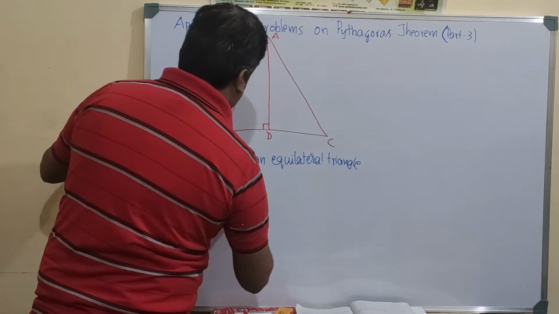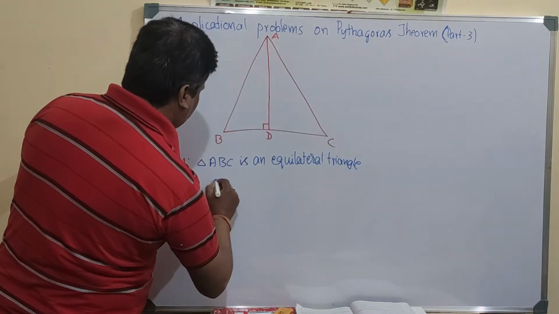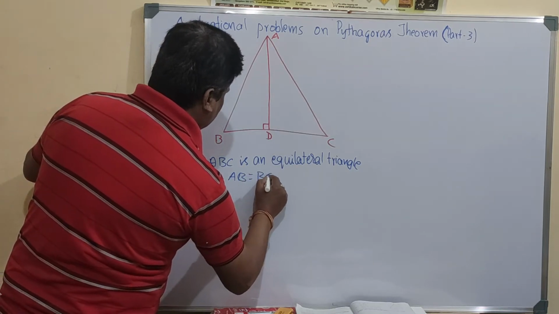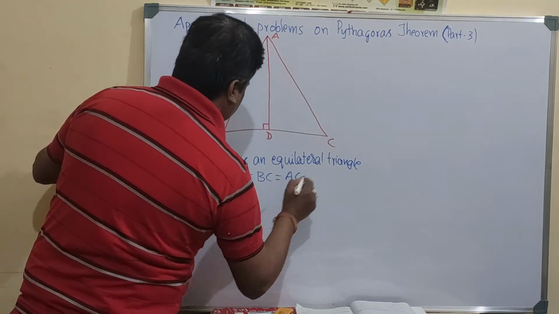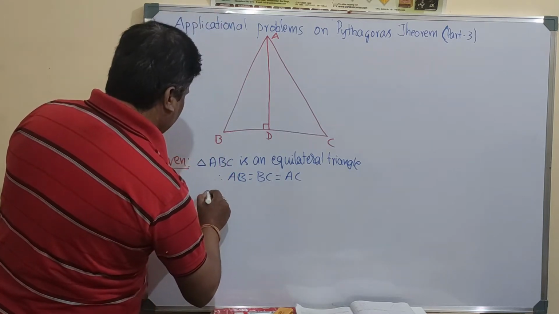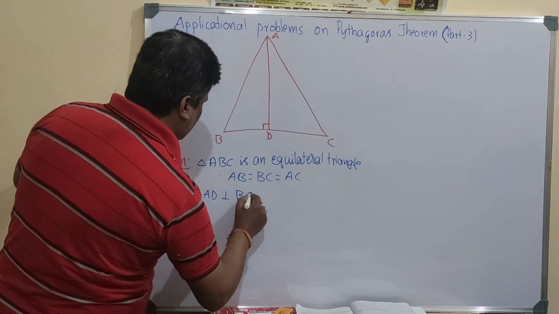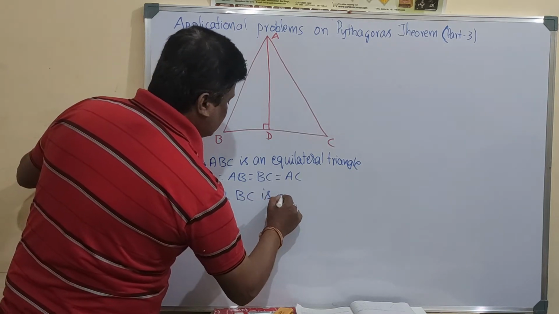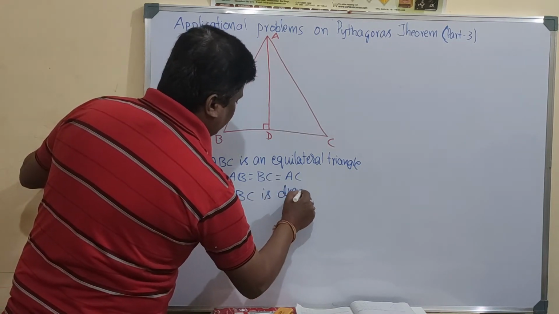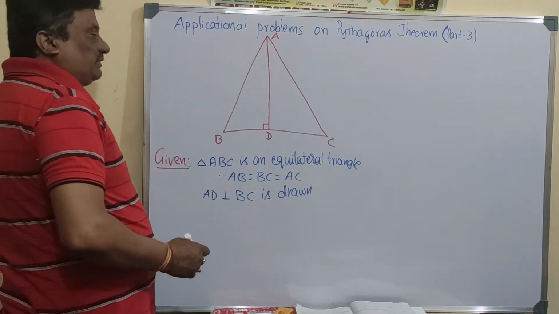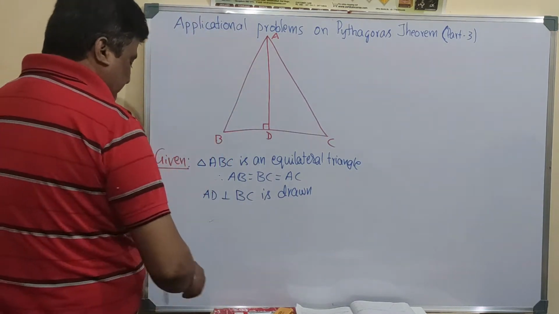Therefore AB is equal to BC, that is equal to AC, and AD perpendicular to BC is drawn. It means AD is nothing but the height of the triangle ABC.